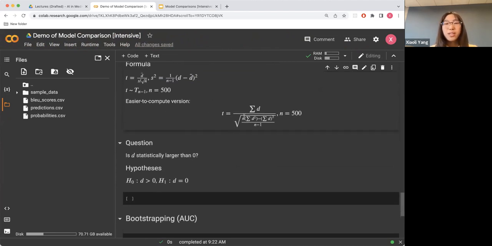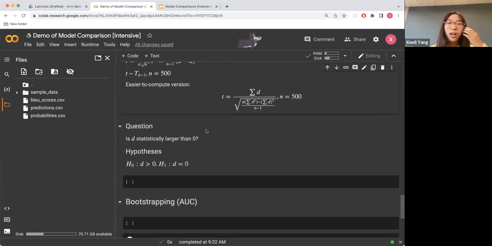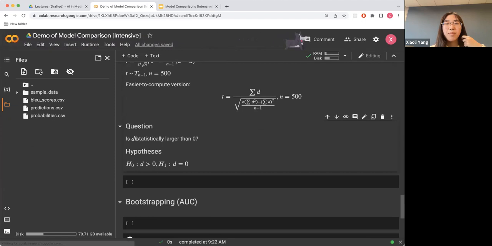To ease our computation, we can do some mathematical derivations to transform this T statistic into this formula. This is completely mathematically equivalent. Our question becomes: is D statistically larger than 0? Recall that D equals model 1 metric minus model 2 metric.